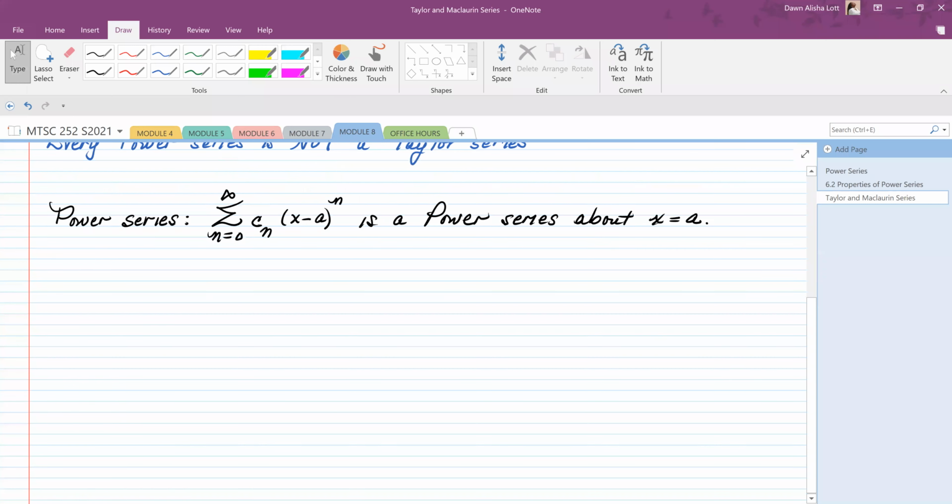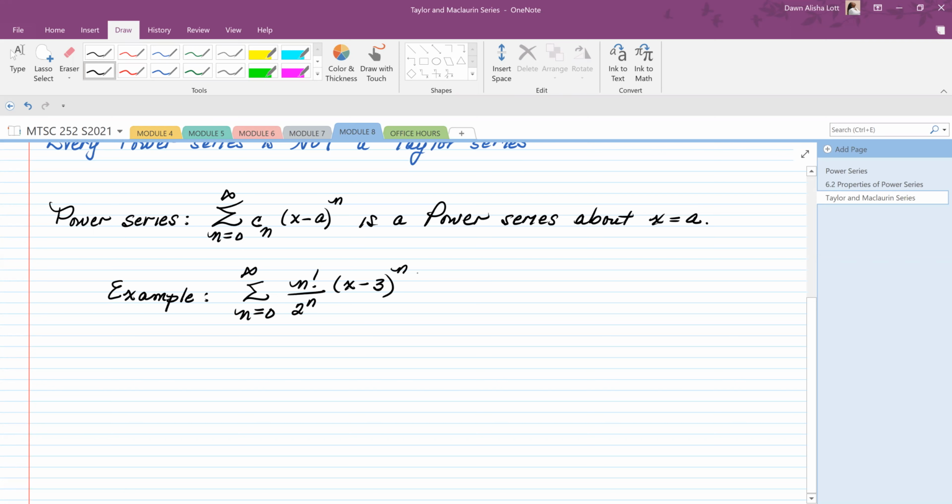Okay, so we looked at some things. So for example, we had the sum n equals 0 to infinity of n factorial over 2 to the n times (x minus 3) to the n. That's a power series.